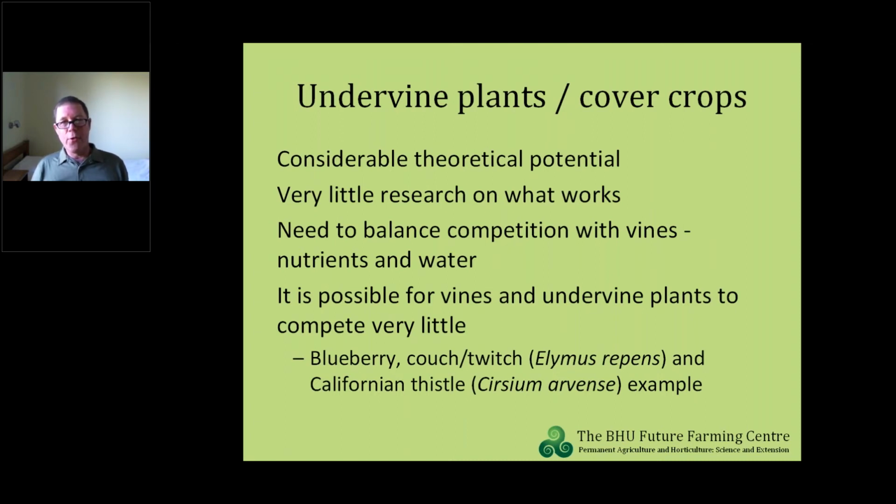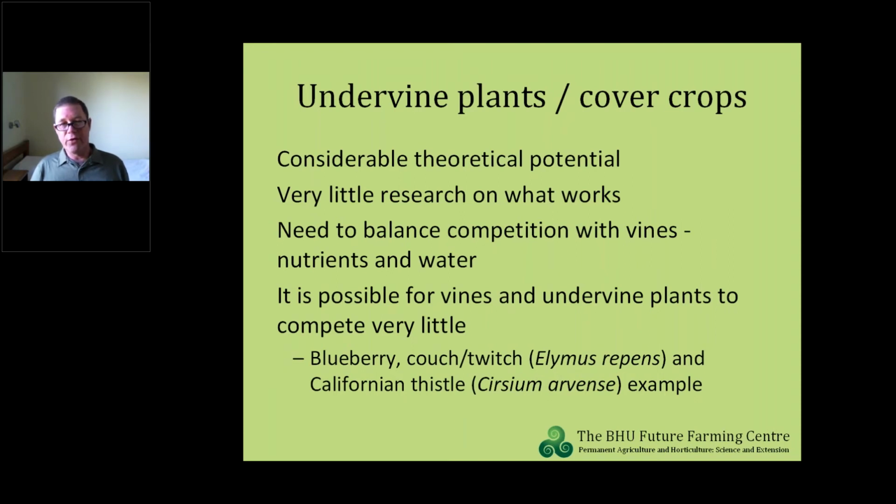The thing is, it's California, so it has a huge quantity of sunlight. So even though the Californian thistle and the blueberries are competing for sunlight, there's more than enough sunlight for everybody. At the root level, which is often completely ignored in plant competition, Californian thistles have a deep creeping root, nearly 1 foot below the ground surface, and then their feeding roots go down from there.